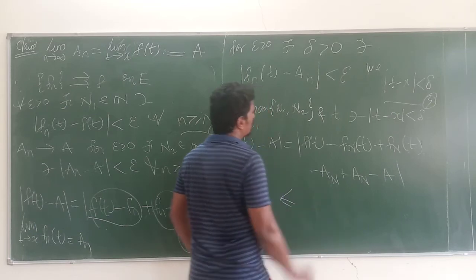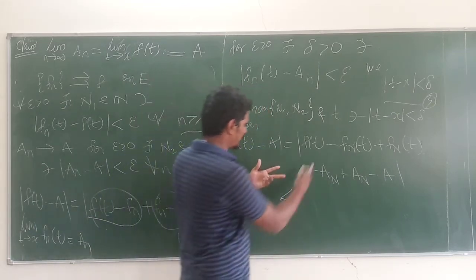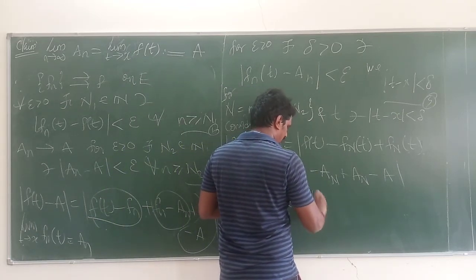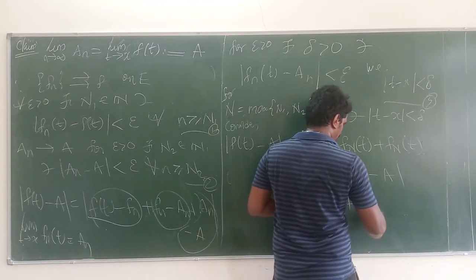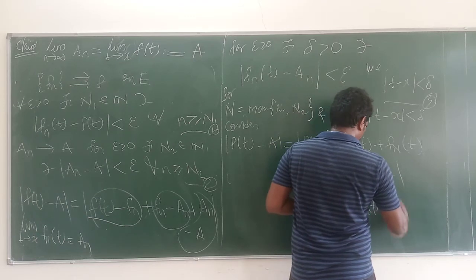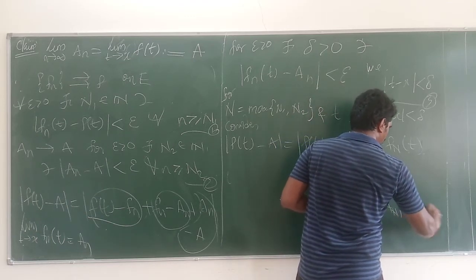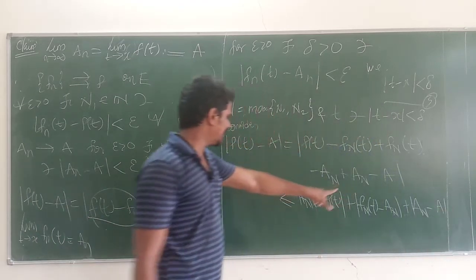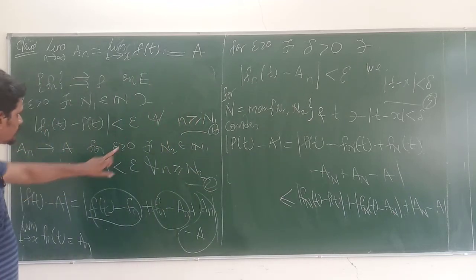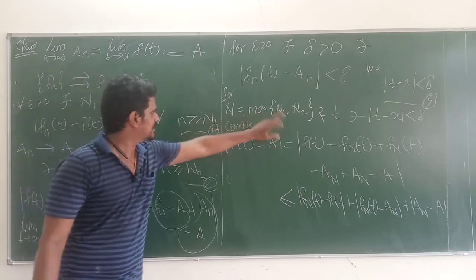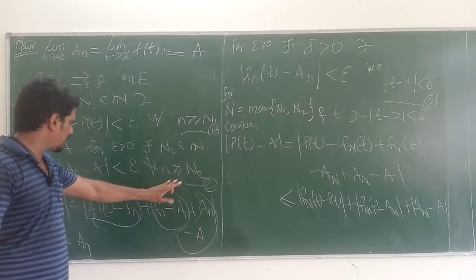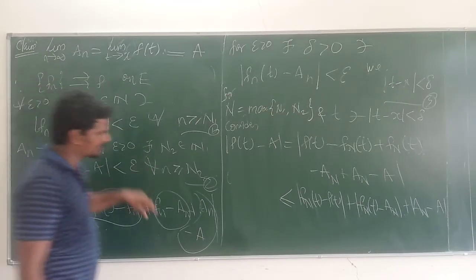This is less than or equal to, see here we have three terms: mod fn of t minus f of t, plus mod fn of t minus an, plus mod an minus A. Since this n is the maximum of n1 and n2, it will work for this also. So we can apply this epsilon here.